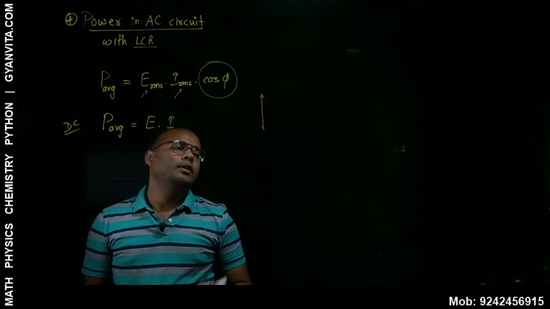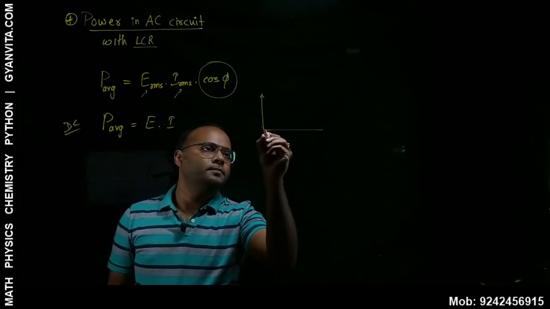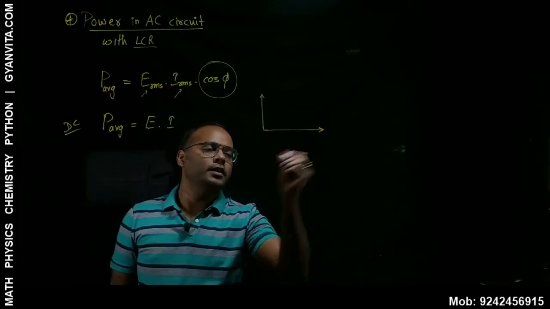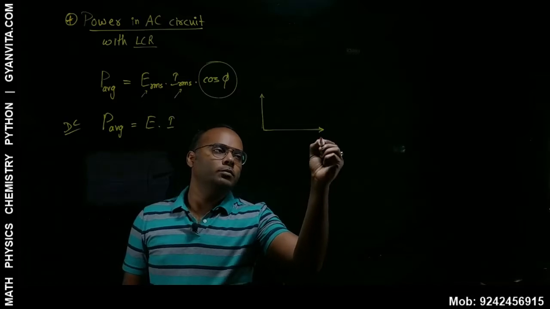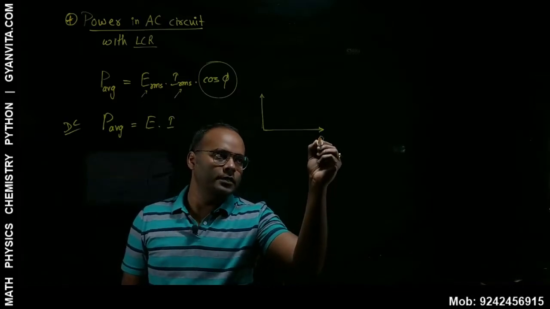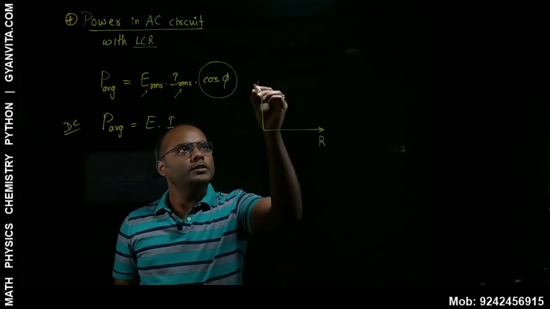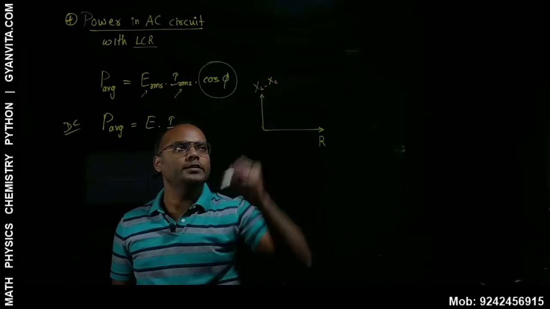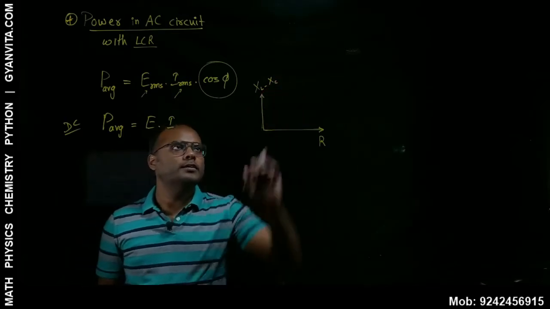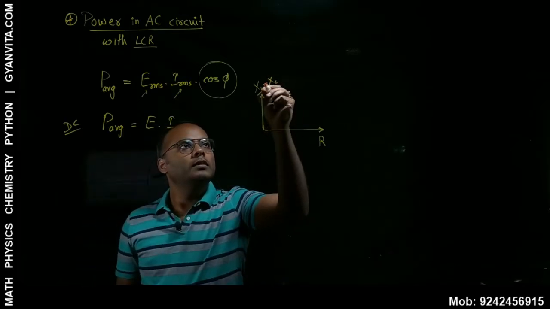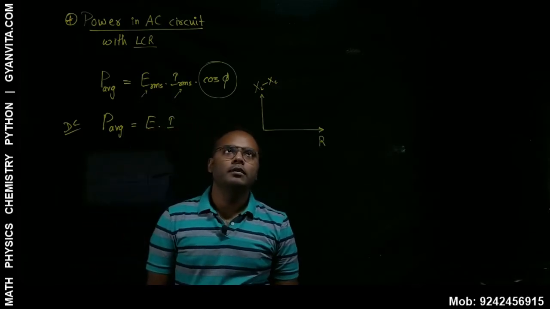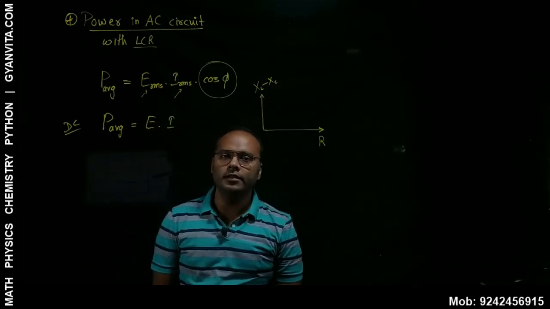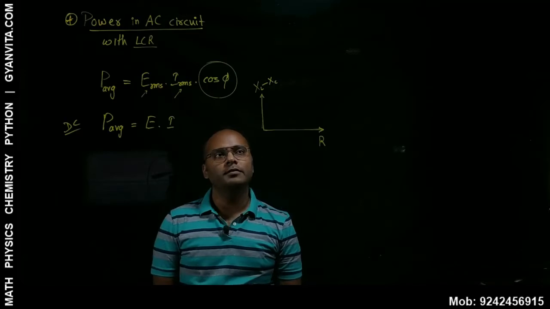Suppose this was your R, that is resistance, and this was XL minus XC, the difference of inductive reactance and capacitive reactance.